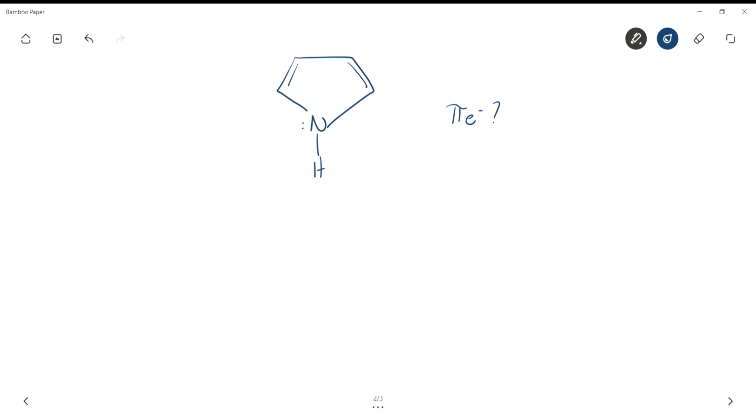Again, each carbon in this ring is sp2, which means that the nitrogen is also sp2. So again, we have 3 hybrid sp2 orbitals. And remember, these hybrid sp2 orbitals are going to do sigma bonding. They are not going to do pi bonding.